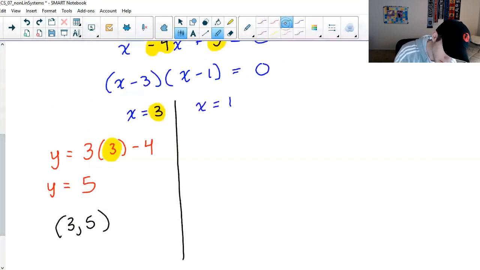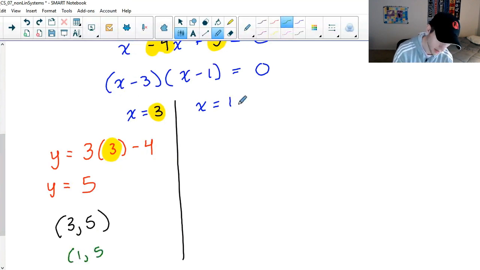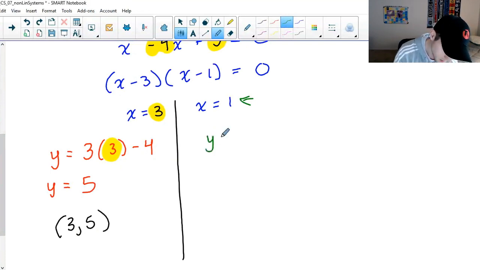Okay, now separately, this is what I'm saying. A lot of people mess up because they stop now. They got (3, 5) as their answer, and they think, okay, I just solved there. Or sometimes people will also put an answer of (1, 5) just because we have the 1 over here as well. But that's not the case. Okay, don't do that. So we have to take 1 and plug it in separately to our equation. So y equals 3 times x, but now we're doing x equals 1, minus 4.